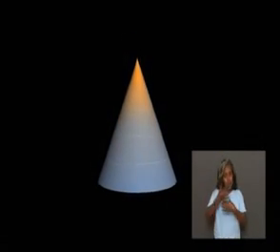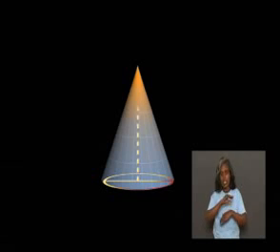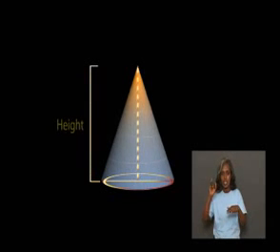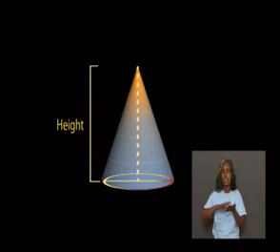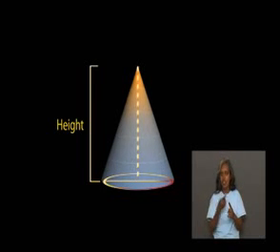We have so much to learn, students. To summarize today's lesson, a right cone has a circular base and an apex, or vertex. Its height is the perpendicular distance from the apex to the center of the base.